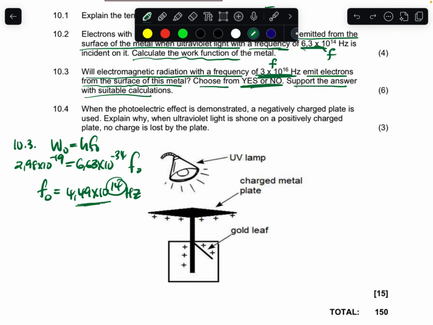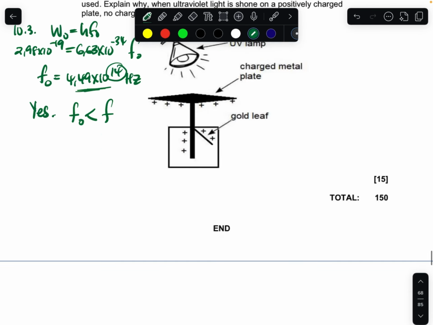So the answer is yes. Why? Because the threshold frequency of the metal is lesser than the frequency of the light. That's what we're going to say there, and then you get your full 3 marks.